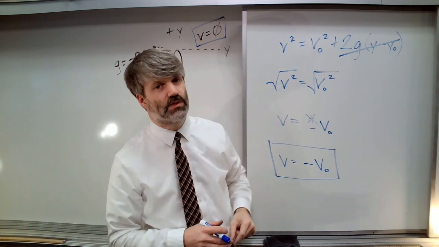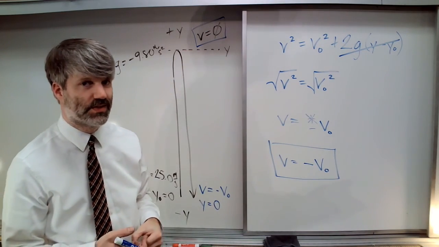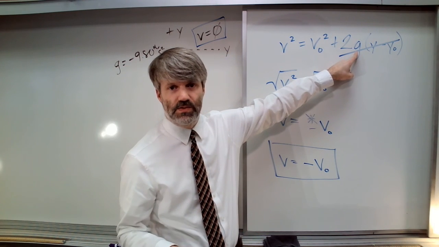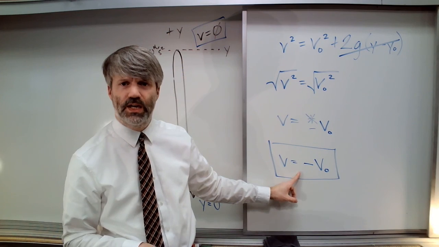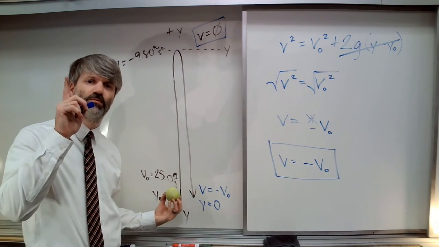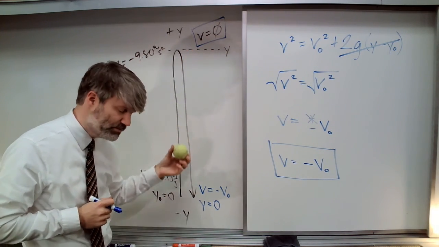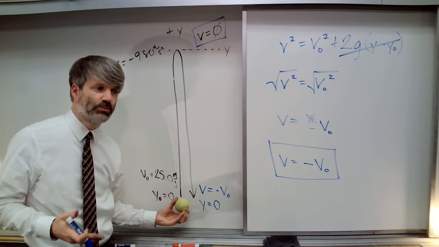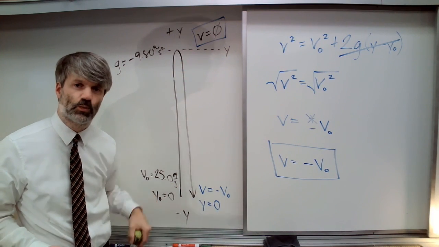The acceleration on the moon is about 1/6 of Earth's gravitational acceleration, but it cancels out of our equation. It's not in our proof here. And so this means that if I launch this object at 25 meters per second upwards on the moon, when it comes back down to the surface of the moon and hits the surface of the moon, it will be traveling at 25.0 meters per second downwards towards the moon.